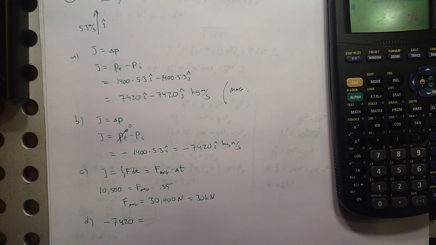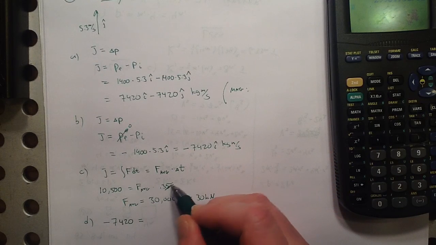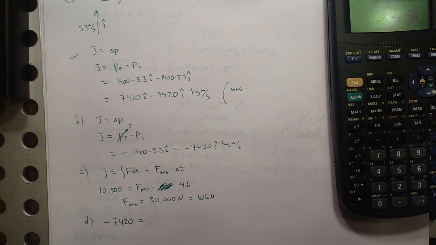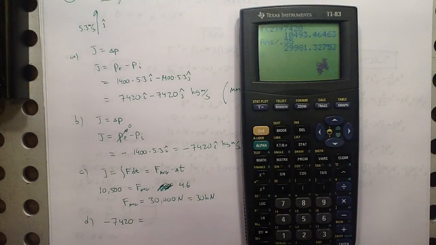During the collision, oh, sorry, because the turn, I used the wrong time. I see what I did now. If you go back and look at the problem, the time that it took to make the turn was 4.6 seconds. That's what I did. So sorry.